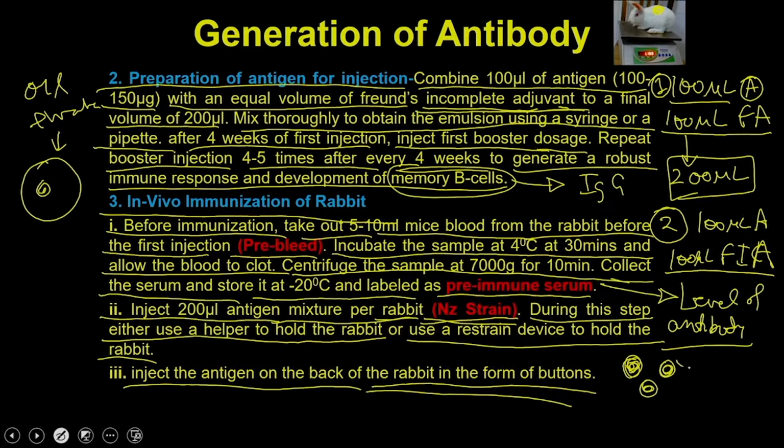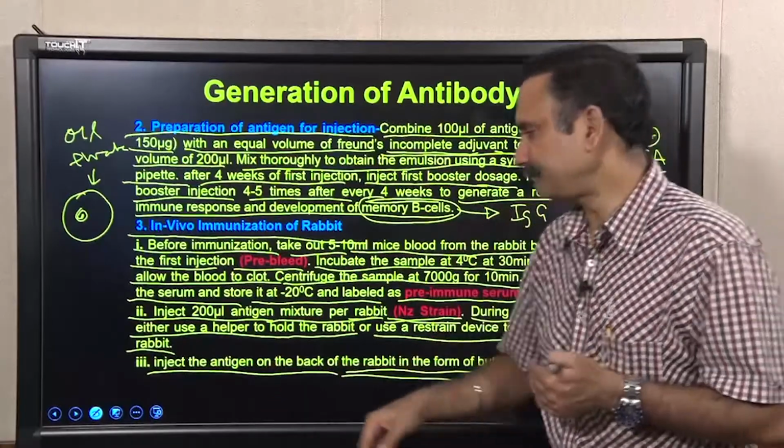All these are called buttons, and that is required because the antigen is now going to be released from these buttons very slowly, and as a result it is going to cause a robust immune response and large production of antibodies.